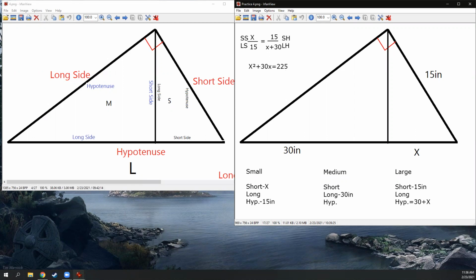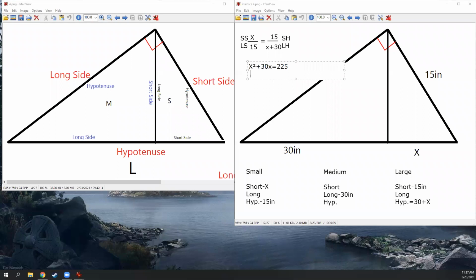If this was algebra, right, you would minus 225 from both sides. And that would give you the next bit of the puzzle, right?